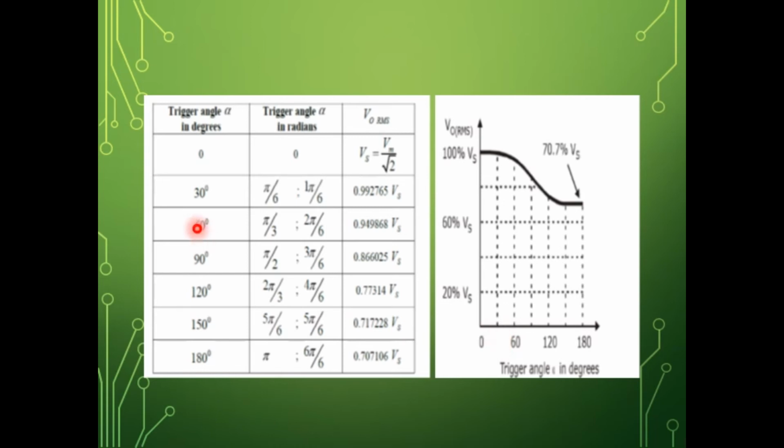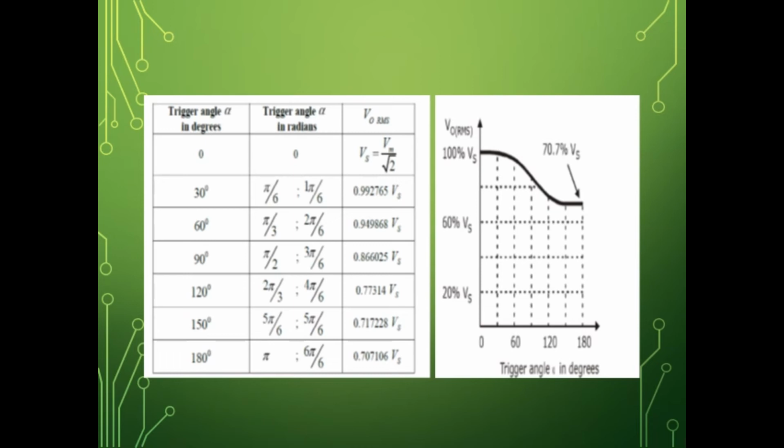The maximum output voltage is 100%, and the minimum value of the output voltage you can obtain is 70% of the supply voltage. Lower than that you cannot get. That is mainly the drawback in the case of the half wave or unidirectional controller.